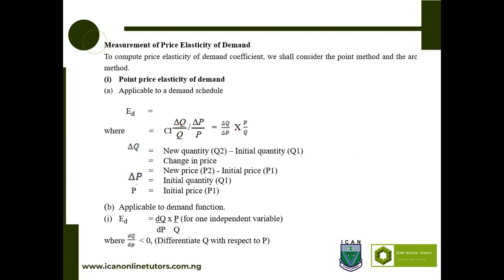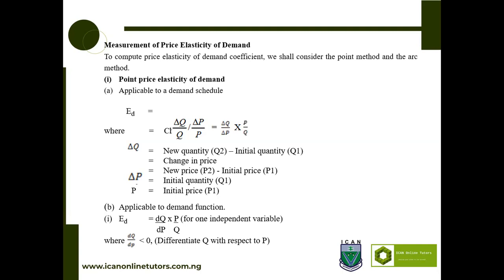And how do we measure the price elasticity of demand? Under the elasticity of demand, we made mention of price and quantity demanded, and the relationship between these two, which is denoted as percentage change in quantity demanded divided by percentage change in the price of the commodity.